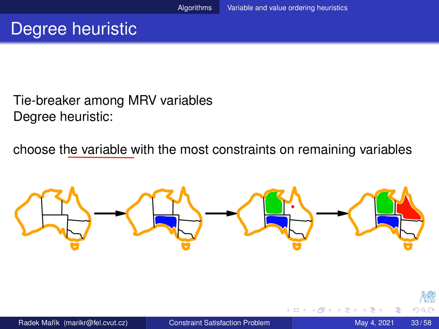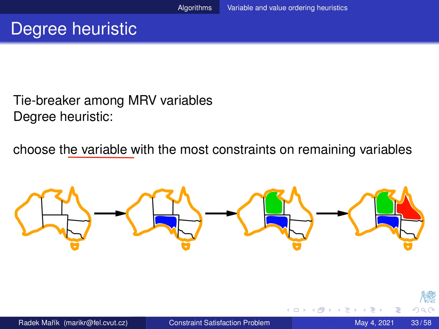So basically we can select one of these threes. We selected the green one, and now let's say the obvious case is that the red is selected because it has another constraint with an empty, let's say not assigned, variable.